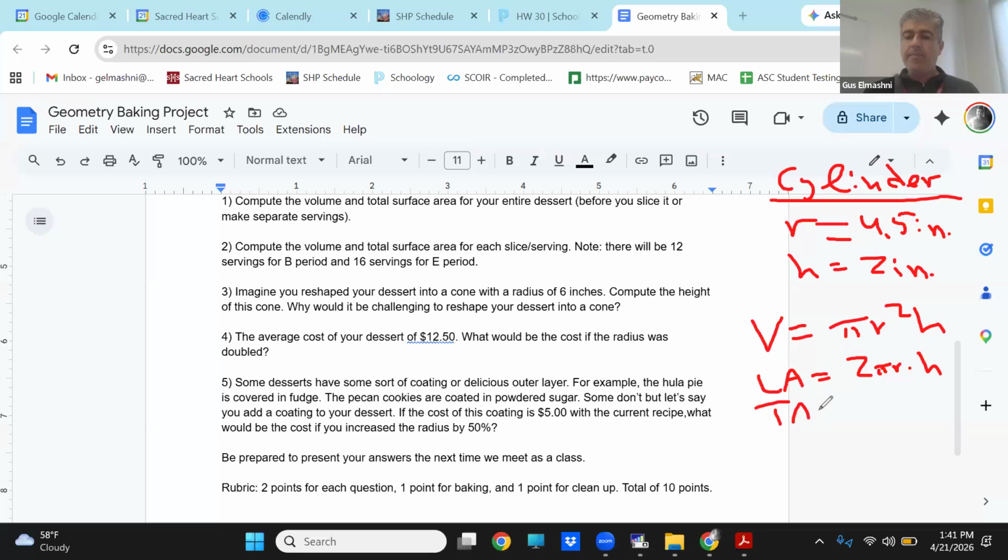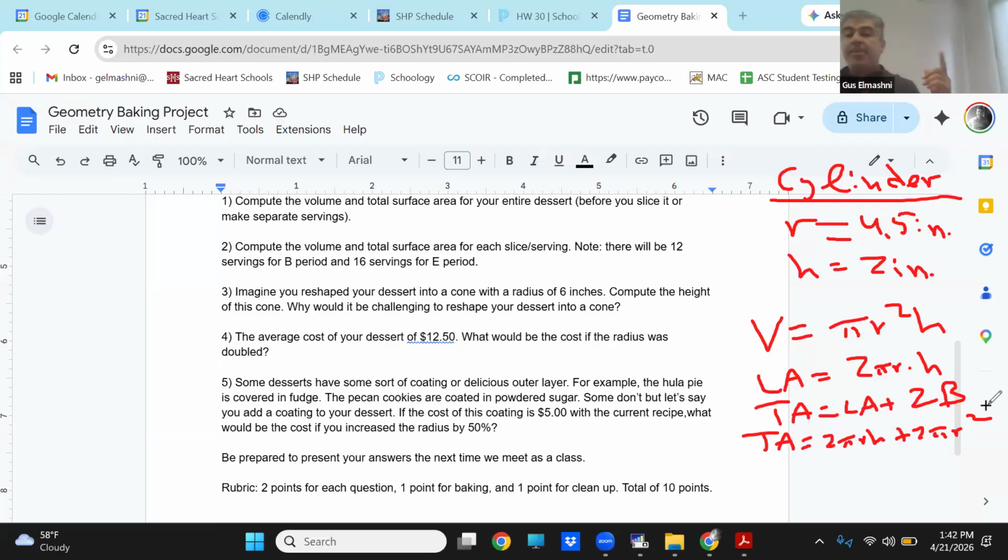The total area is the lateral area plus what? For a cylinder, the lateral area plus what else? Two bases. Yeah, good. Which of course is going to be 2 pi r h plus 2 pi r squared. Okay, I'm gonna let them handle it.